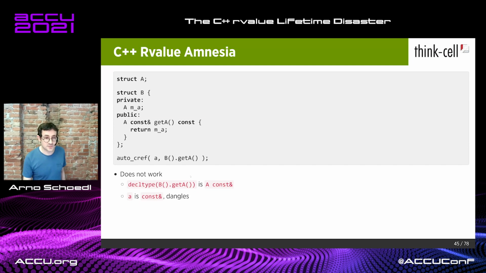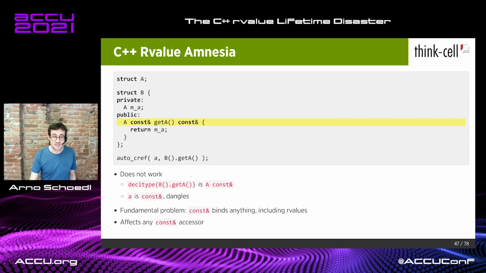Well, one thing you could try is you can add an ampersand here, which is now valid, but it still doesn't work because it still basically says this here is going to be something that binds to a const lvalue reference, and a const lvalue reference binds to anything. It includes rvalues.